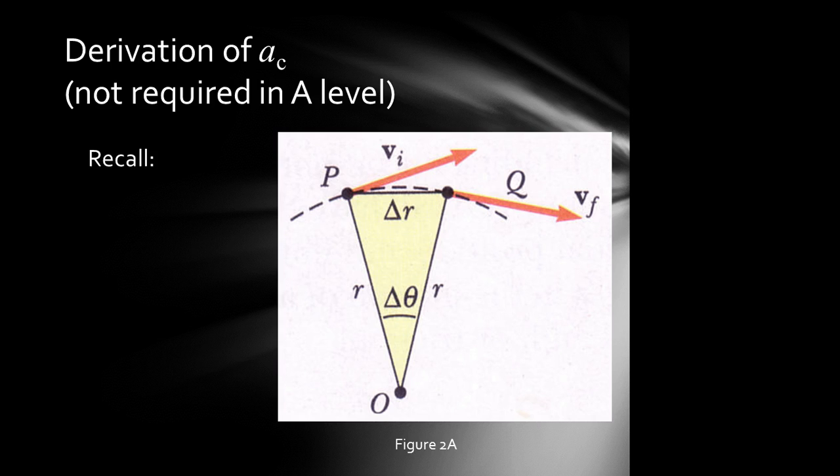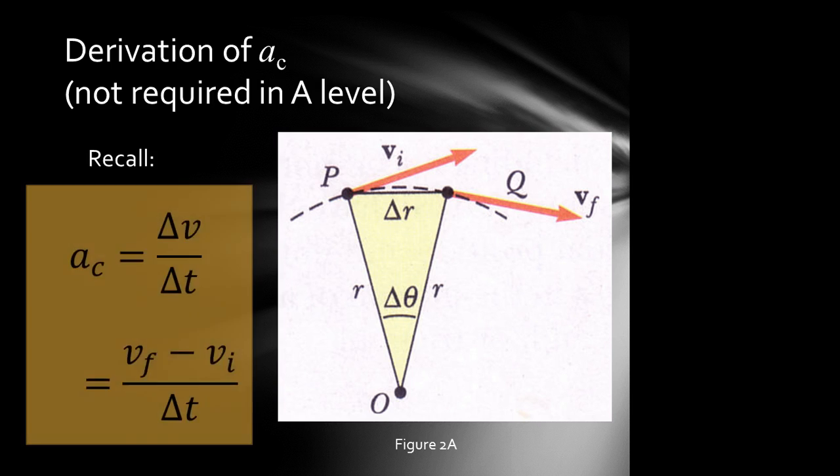If we consider an object moving through a small arc PQ, we can draw a simple geometrical diagram with PQ and O, the center of the circle, where PQ is a small distance we call delta R. So it forms an isosceles triangle with sides R. At the same time, at P and at Q, the object must have an instantaneous velocity, and those velocity vectors are given by VI and VF.